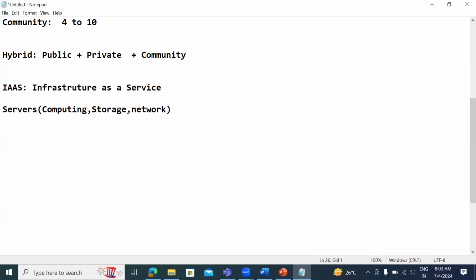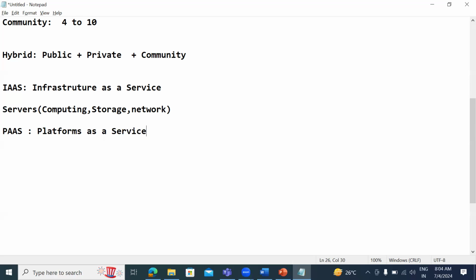Then we are going to get the PaaS, platform as a service. Platforms means a Java environment, .NET environment, Python environment, MERN stack, MEAN stack. We want to deploy these kinds of applications.